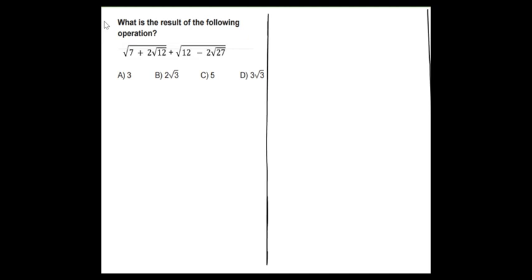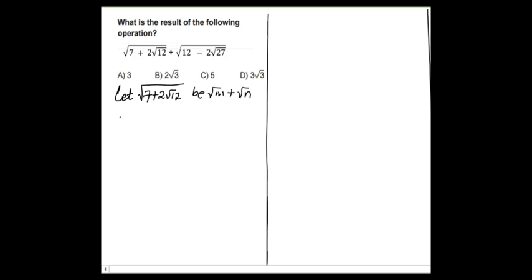So what you do here is, first of all, let the square root of 7 plus 2 root 12 be root m plus root n. Let this be the square root of this expression.